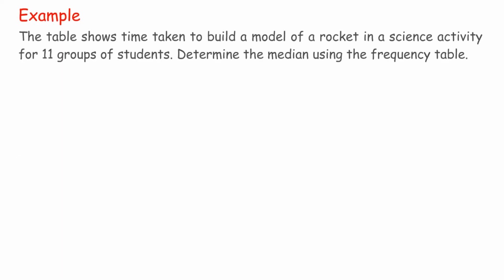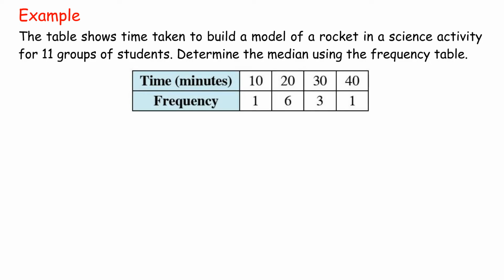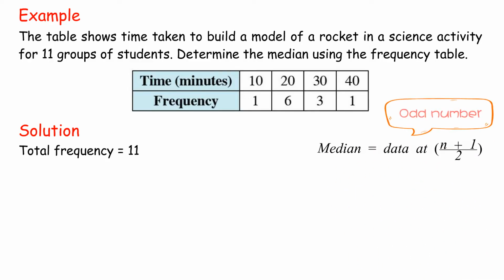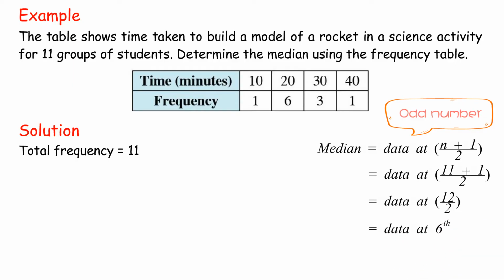Example: the table shows the time taken to build a model of a rocket in a science activity for 11 groups of students. Determine the median using the frequency table. Solution: total frequency equals 11. Median equals data at n plus 1 over 2, equals data at 11 plus 1 over 2, equals data at 12 over 2, equals data at 6.